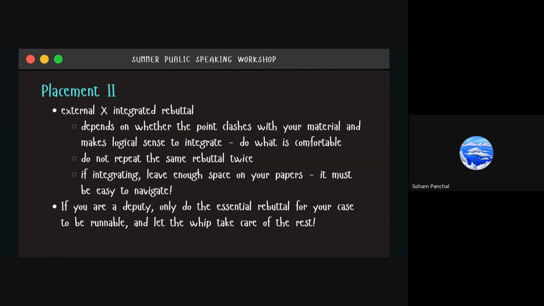If the opposition has provided some point, then you see where in your speech it logically makes sense to integrate it, where it is comfortable, so you will be able to flesh out that this rebuttal is this, it does not stand, or it has some other alternative, it does not stand in the paradigm of the status quo in your own world. So you first see that, that's how you integrate a rebuttal.